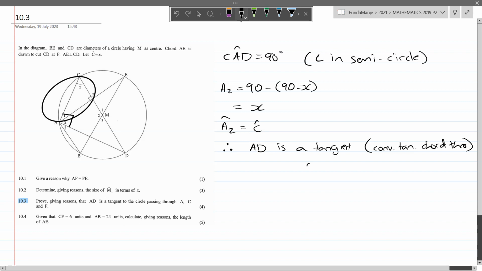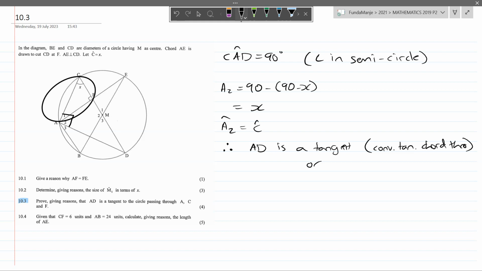Like that. Or you could start off immediately by saying CAD is equal to 90 degrees, and AC is a diameter.